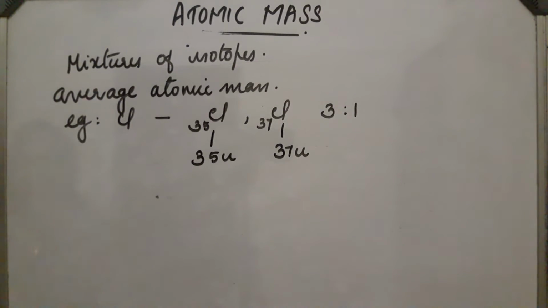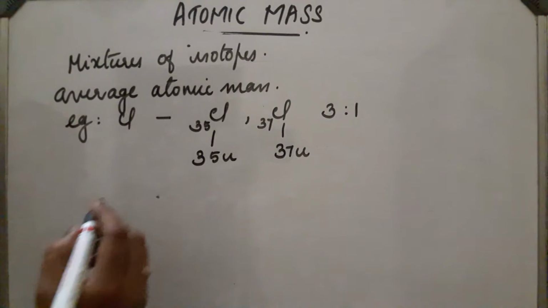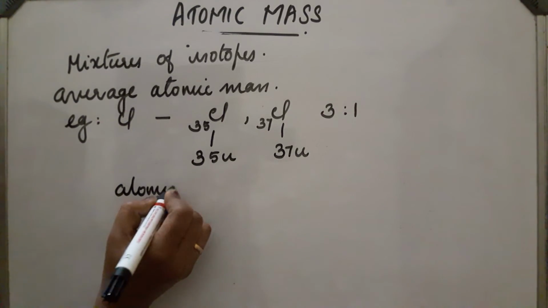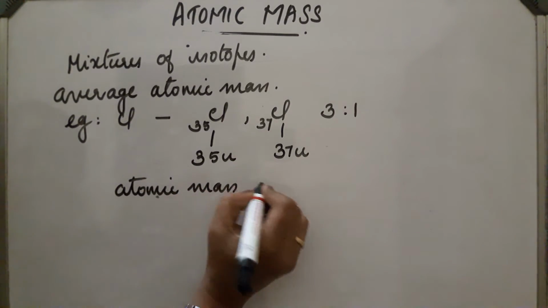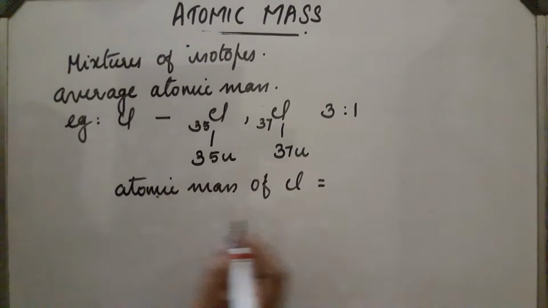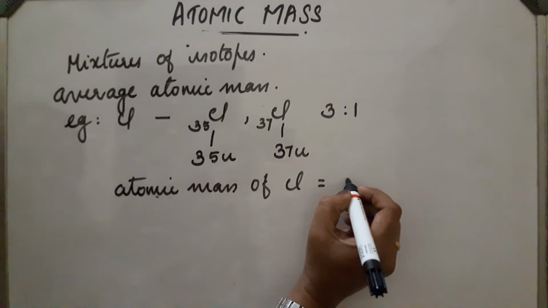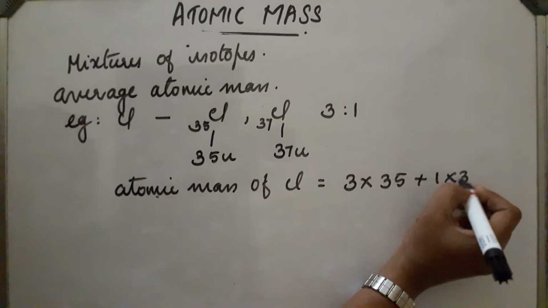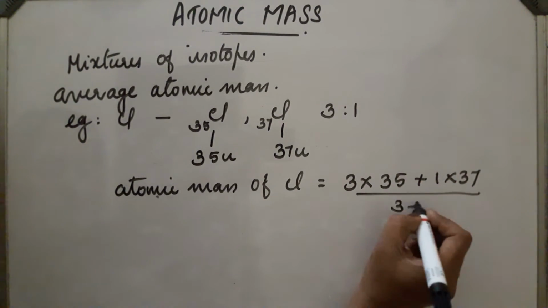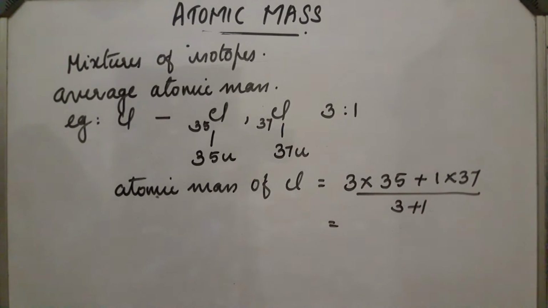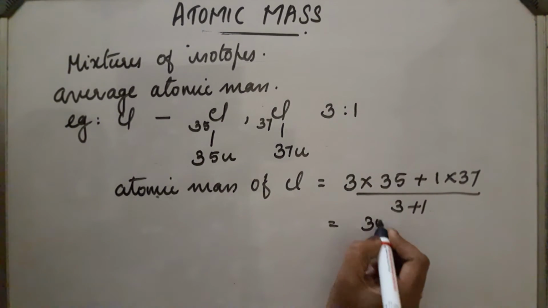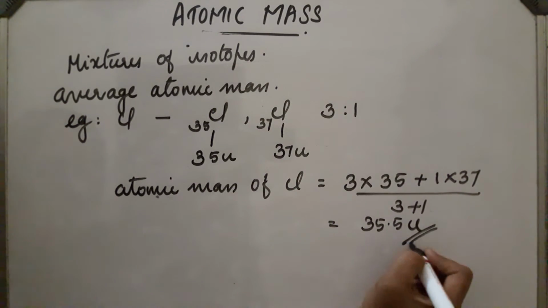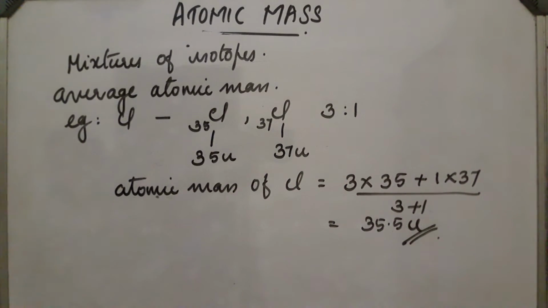The actual atomic mass will be the average atomic mass of these two isotopes. So the atomic mass of chlorine is equal to, in the ratio 3:1, (3 into 35 plus 1 into 37) by (3 plus 1). The value is 35.5 U. This will be the atomic mass of chlorine.